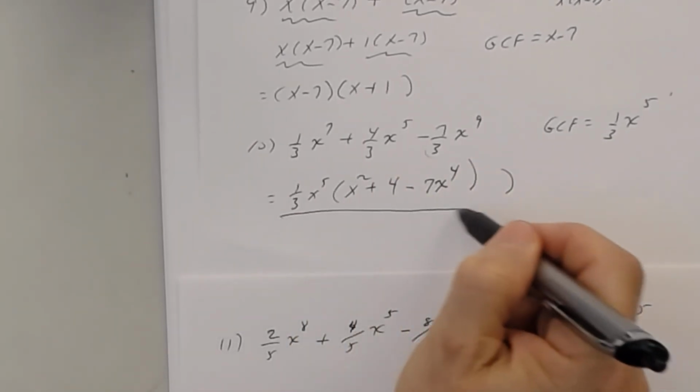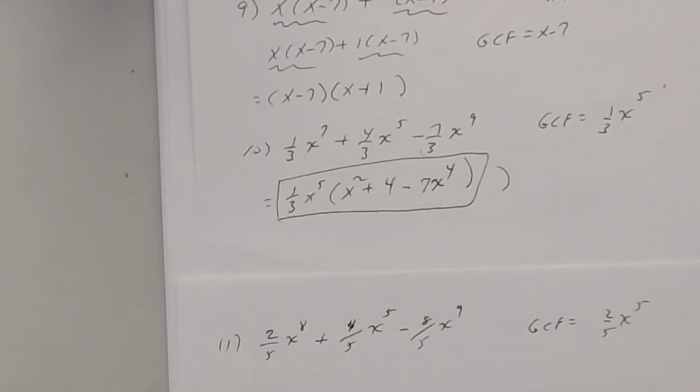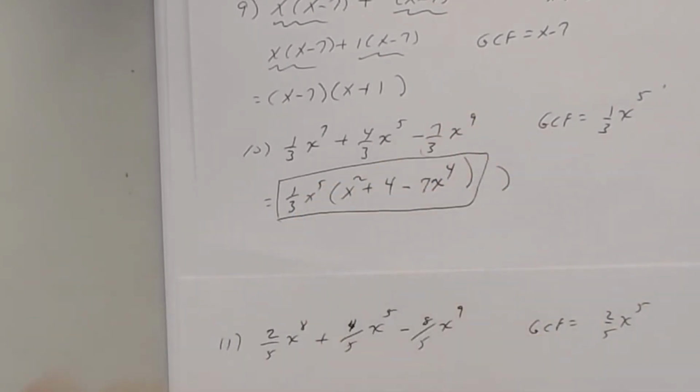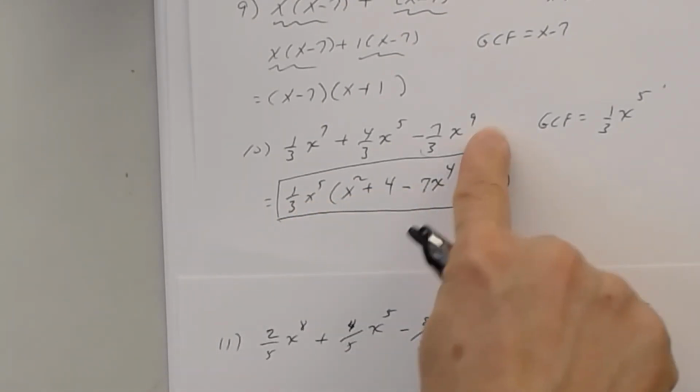So there's your answer. Right, so 1/3 x to the 5th times x squared plus 4 minus 7x to the 4th. Multiply like bases, add exponents. 5 plus 4 is 9. You gotta use the product rule. X to the 5th times x to the 4th is x to the 9th.